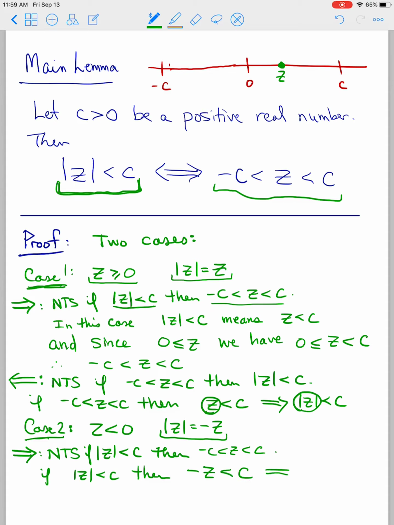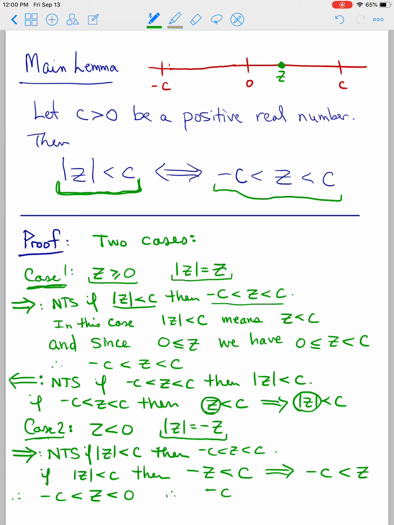We rearrange things. That's going to mean that minus c is less than z. I just moved this z to the right-hand side and moved c to the left-hand side using subtraction. So we've got that z is greater than minus c, and so negative c is less than z, which in this case is less than 0.